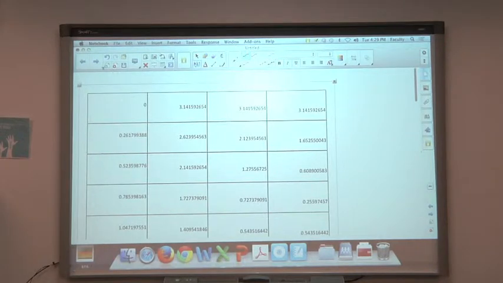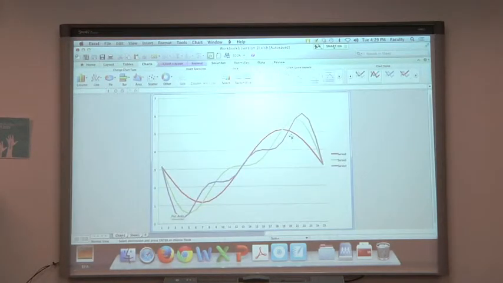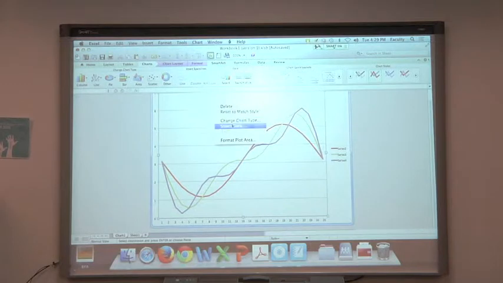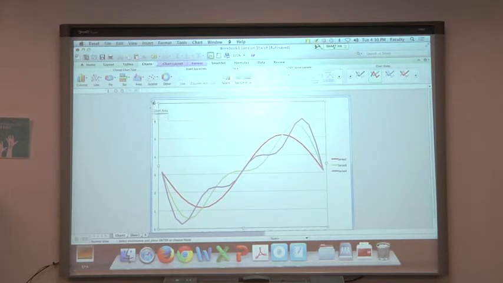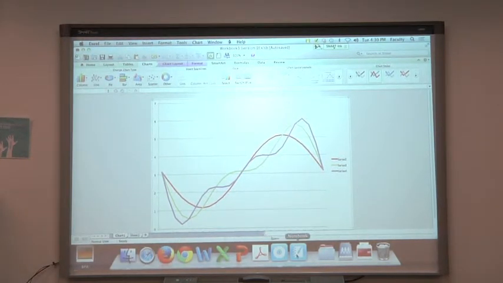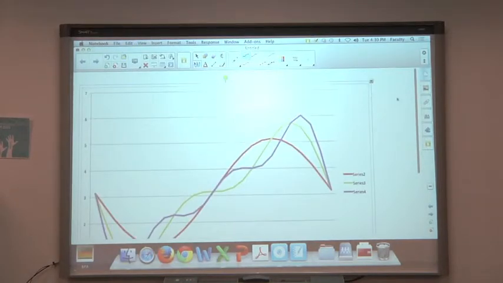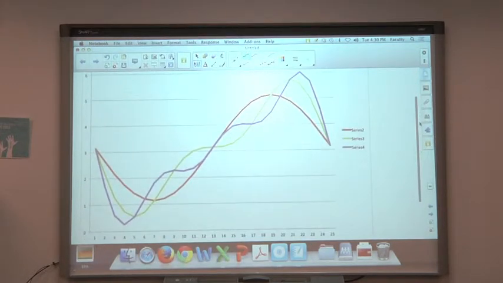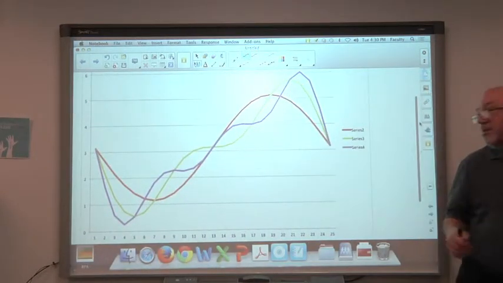And then I also have the graph of this particular function as I add more and more terms, okay?